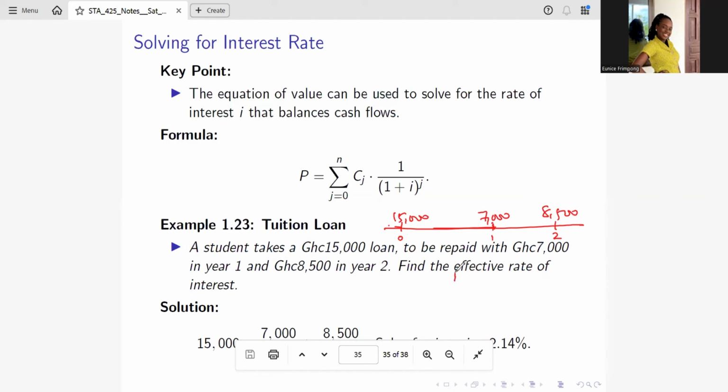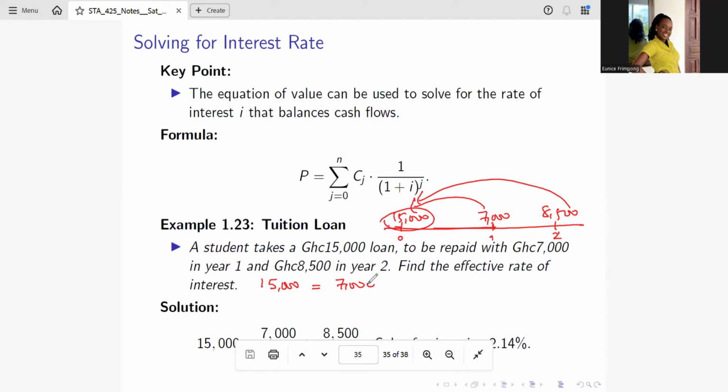My expectation is that this 15,000, which is my present value, should be equal to the sum of the payments discounted.